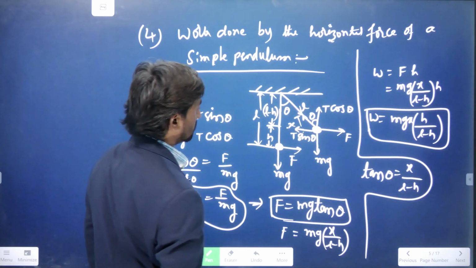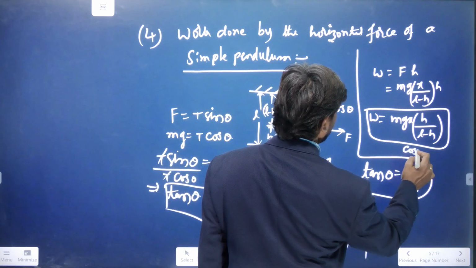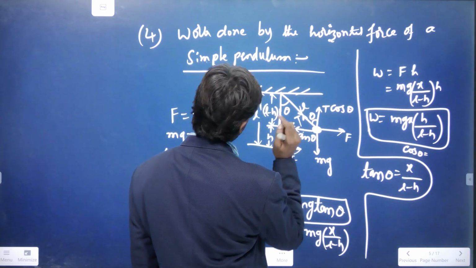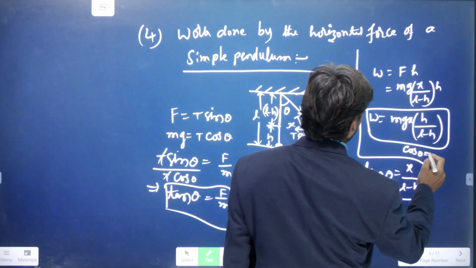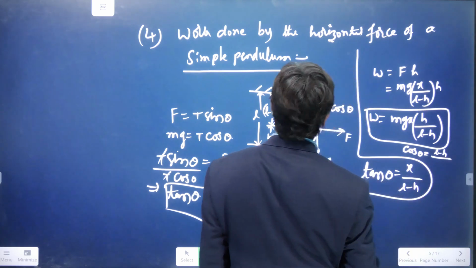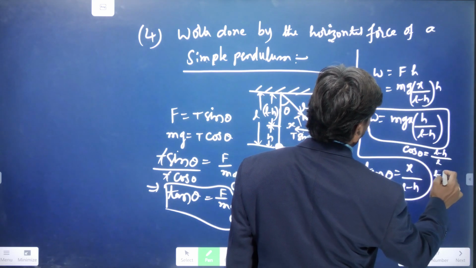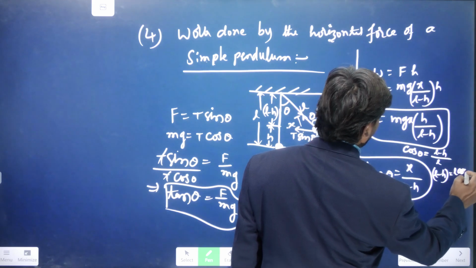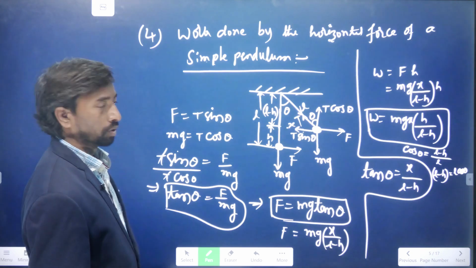It can be written as cos theta is equal to, in the diagram, L minus H divided by the hypotenuse. The hypotenuse is L, so L minus H is equal to L into cos theta, we can write L cos theta.